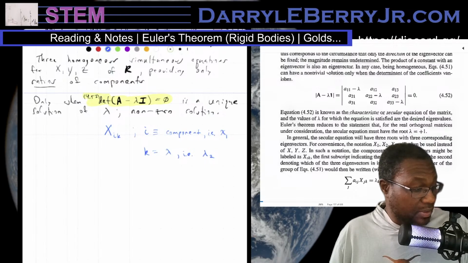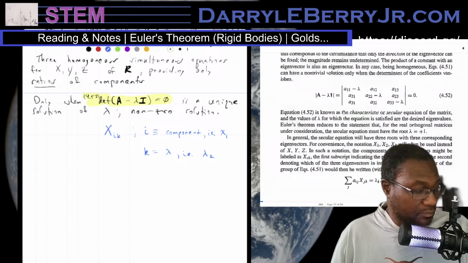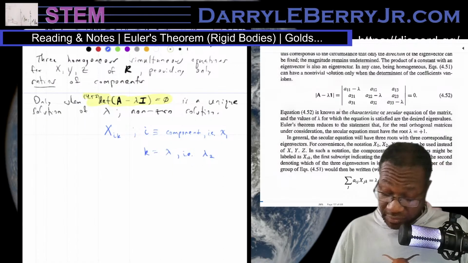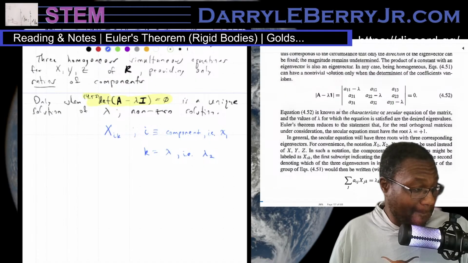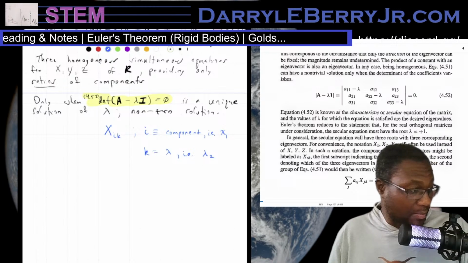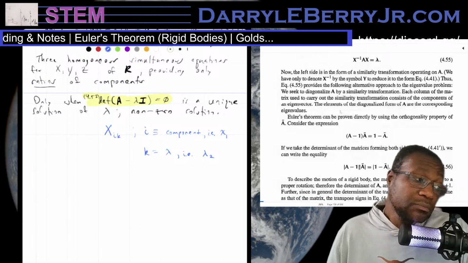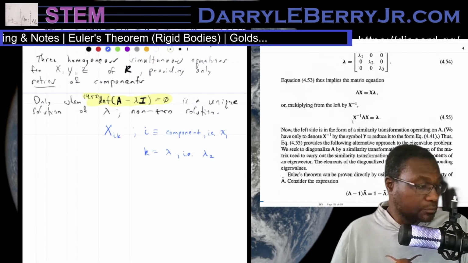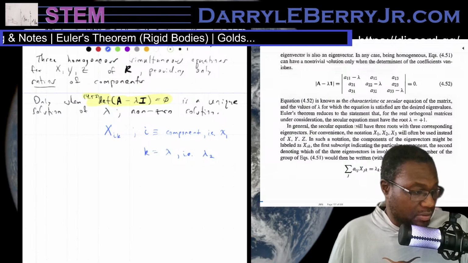The first subscript indicating a particular component, the second denoting which of the 3 eigenvectors are involved. Okay, hold up. Maybe I mixed up what they mean by component. Sometimes I hate formal notation, but I'm sure in the end it makes things easier.